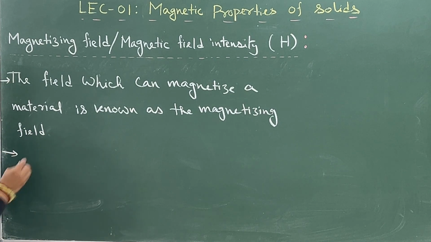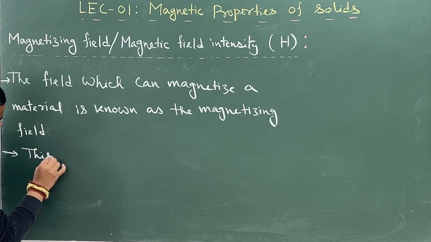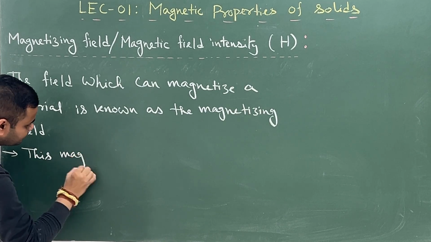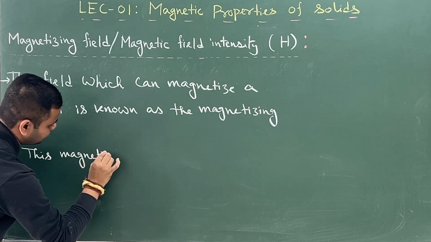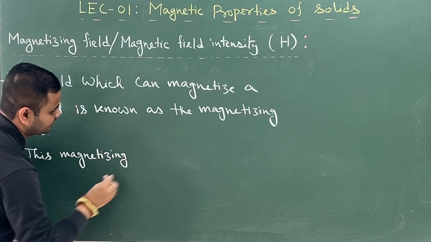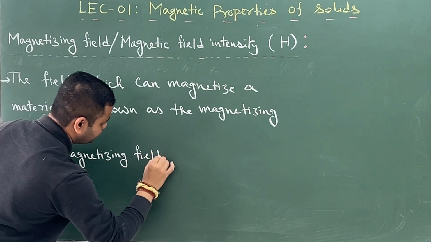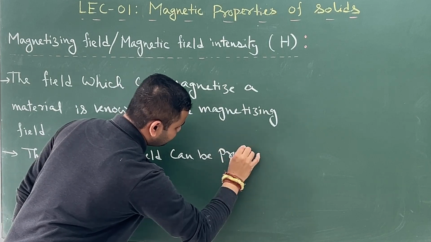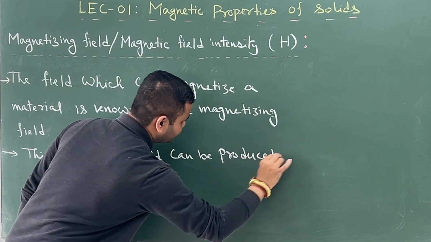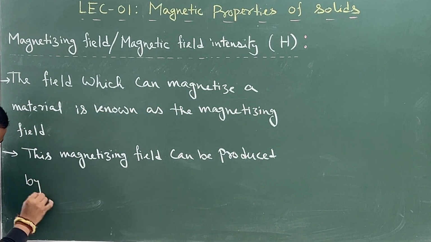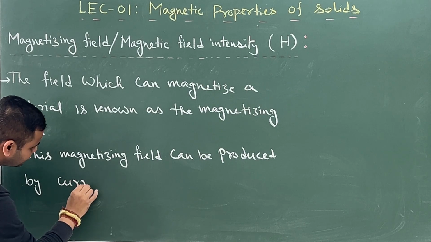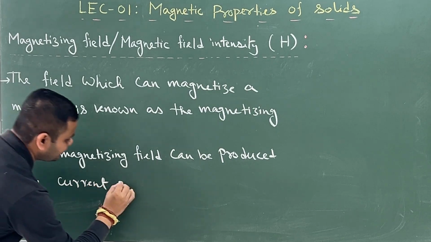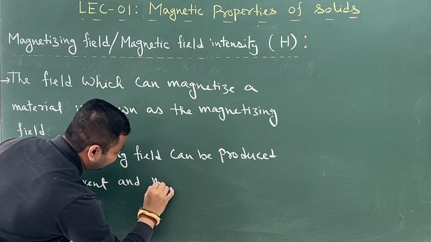Next, this magnetizing field can be produced by electric current and magnetic materials.